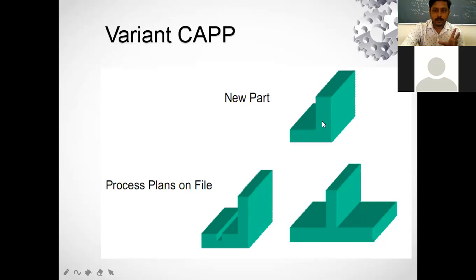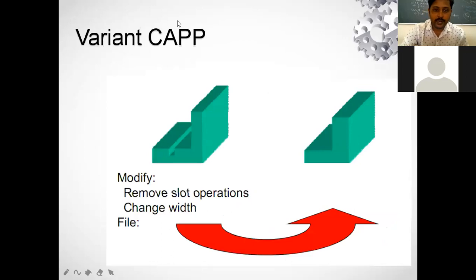But on first impression, you can see that this new part is quite similar to the part at the left. So in variant, retrieval type CAPP, you ask for modification. You remove the slot operation and change the width of this base part, so you get the required product. You just get the file from the database and process it.